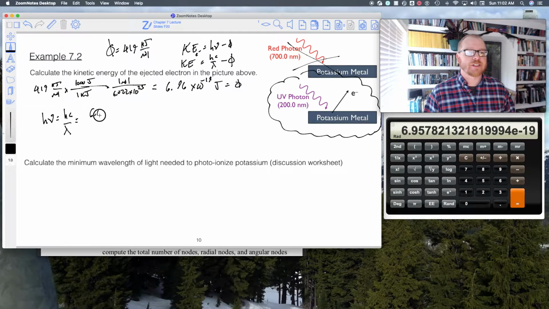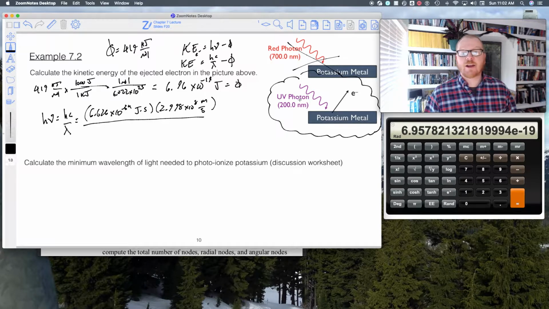So we know h is 6.626 times 10 to the minus 34 joule seconds. We know c is 2.998 times 10 to the 8 meters per second. And here this wavelength, 200 nanometers, I'll put this down here in the side.